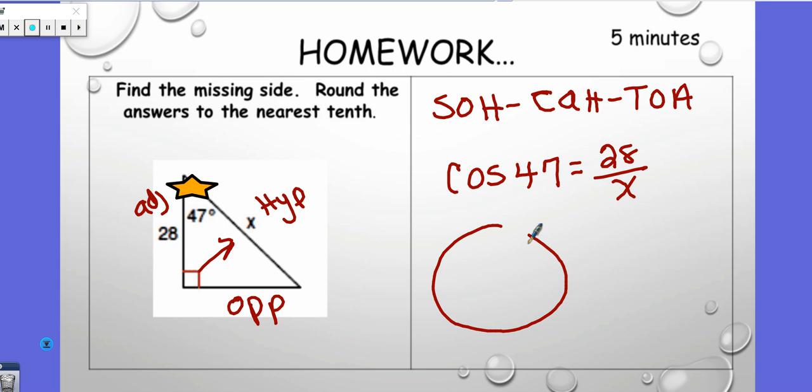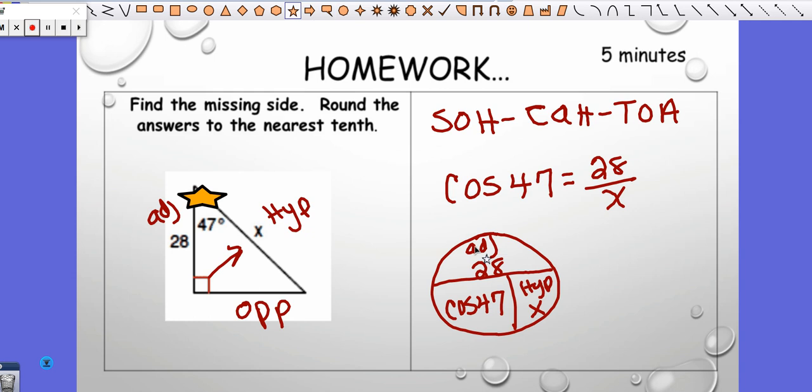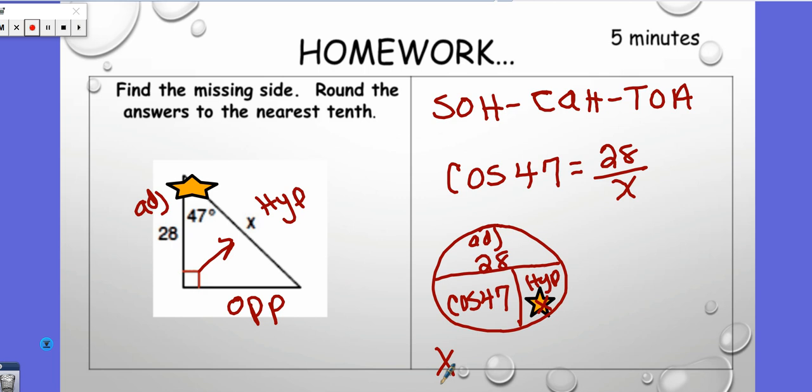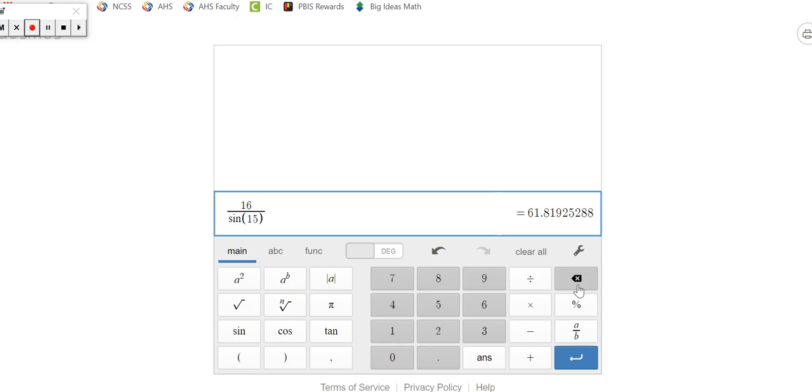Now I'm going to draw my circle, and we're going to say cosine of 47, and then the adjacent goes at the top, 28, and hypotenuse, that's your x. So you put your finger, x equals 28 over cosine of 47. All right, so I'm going to grab my calculator. Now clear.